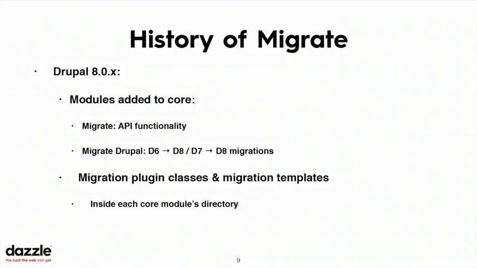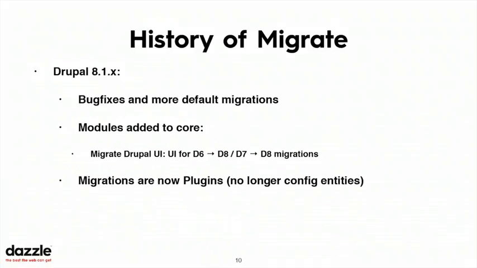And Drupal 8.0 came with quite a few plugin classes and migration templates to easily move your stuff over from Drupal 6 and Drupal 7 to Drupal 8. And in the latest current release of Drupal 8.1, there were some more bug fixes, more default migrations, more support for internationalization, things like that.